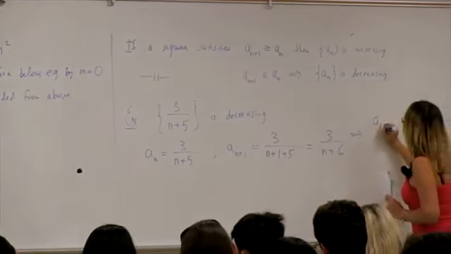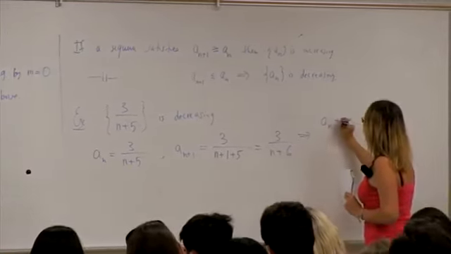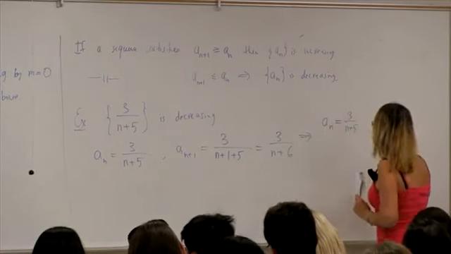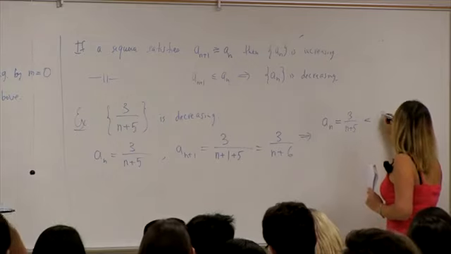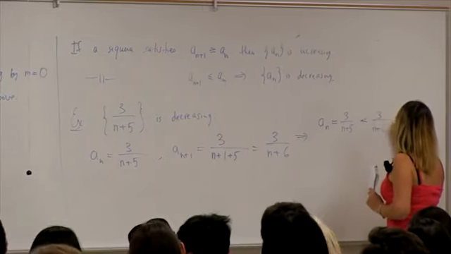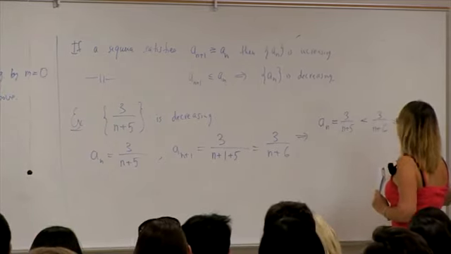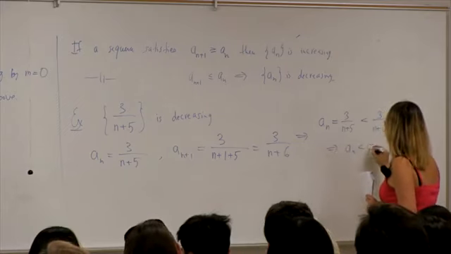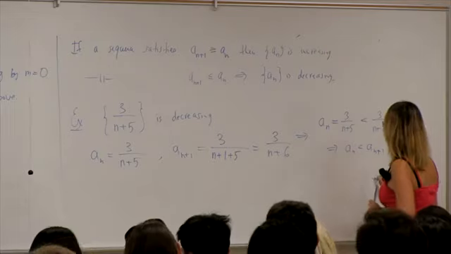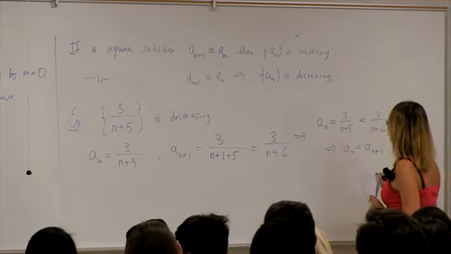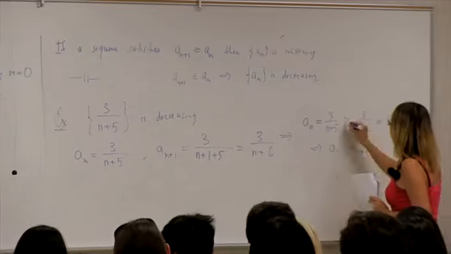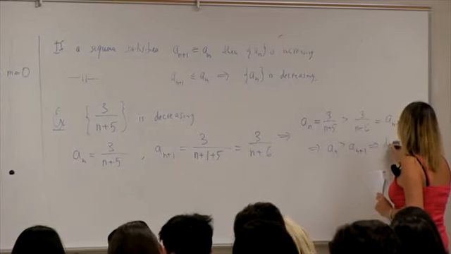Therefore, I can say that an is 3 over n plus 5 is less than 3 over n plus 6, which is an plus 1. So an is less than an plus 1. I got it wrong, right? It's greater. Sorry. So it's decreasing.